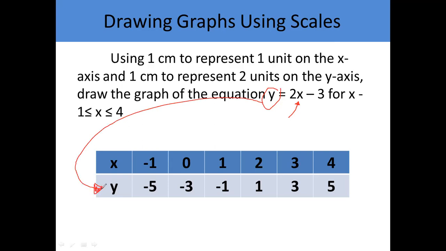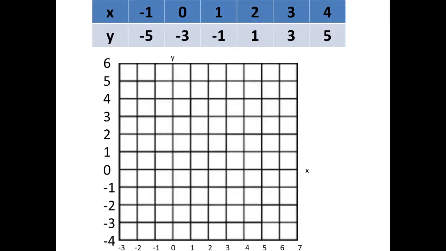So we are now ready to plot it in the graph. Look at the table.